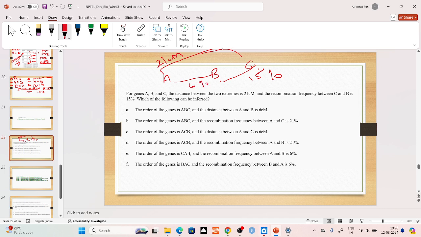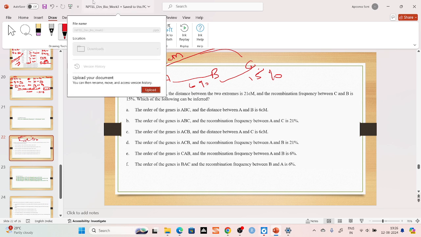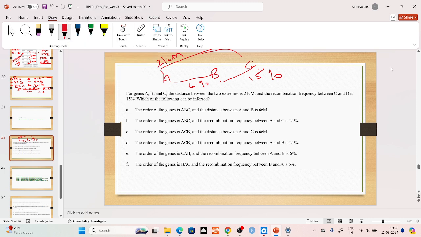So what I could understand up till now is that the genes look something like this: A, B, and C. This total is 21.